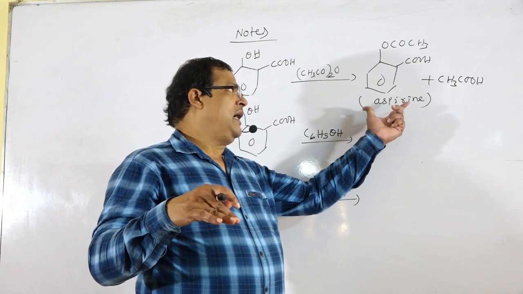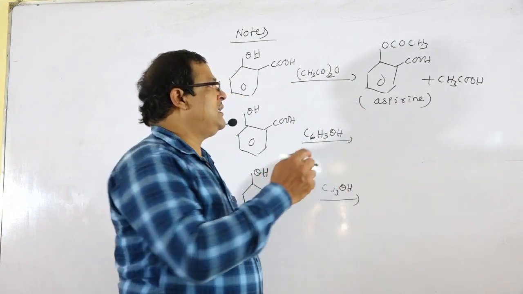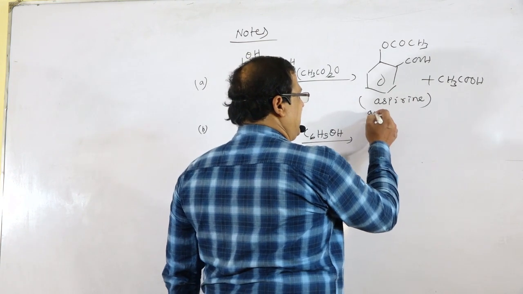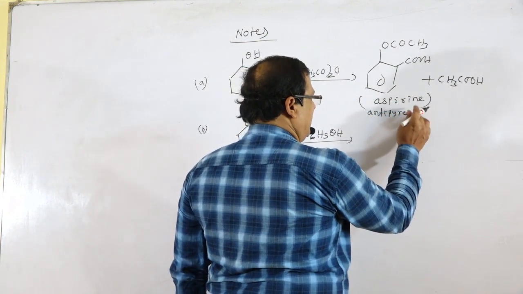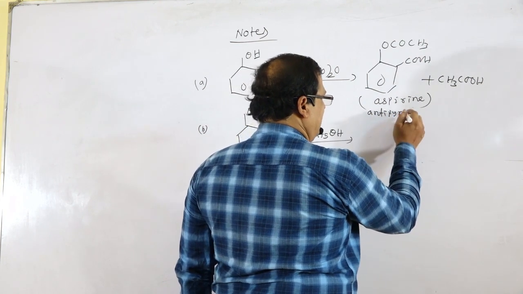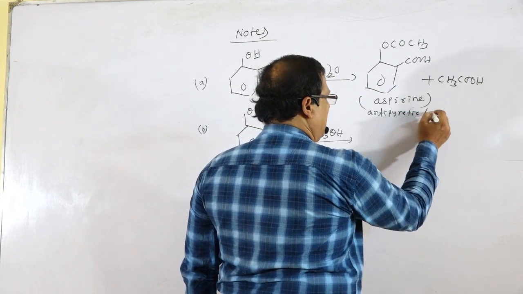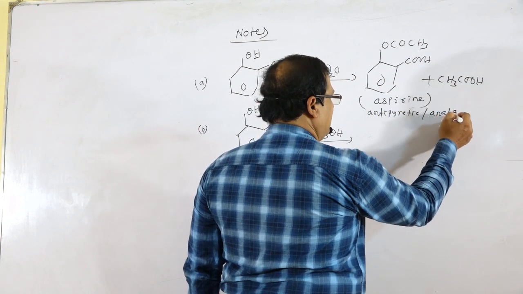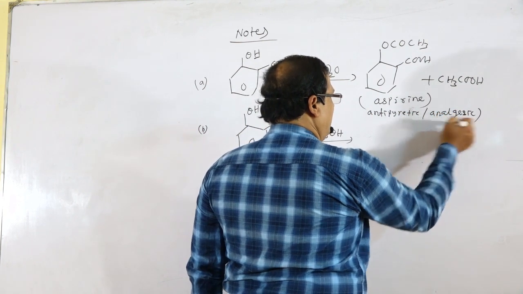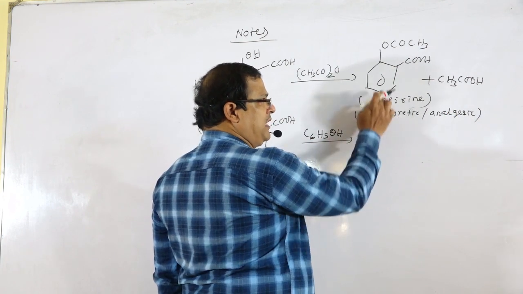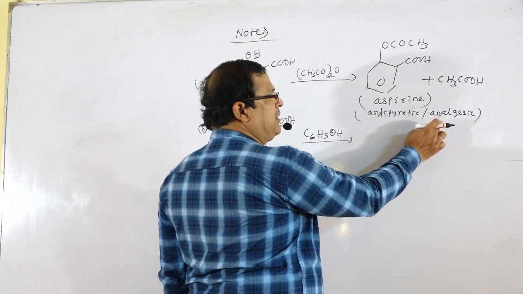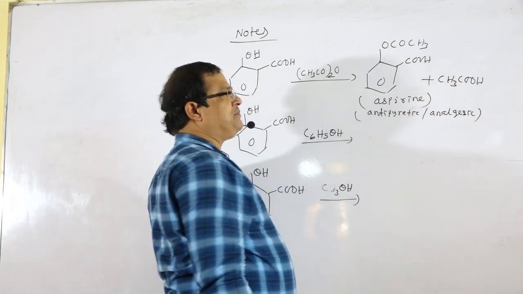So aspirin is antipyretic and analgesic. Antipyretic means it brings down the body temperature from high fever, and analgesic means it will reduce pain.